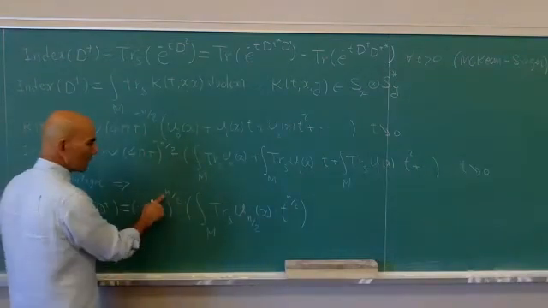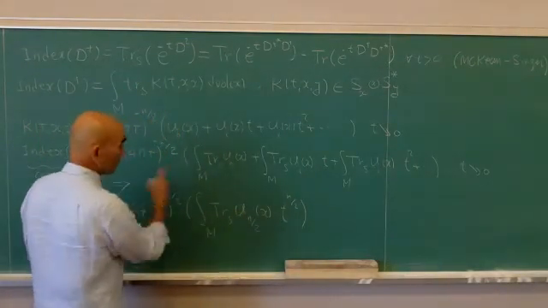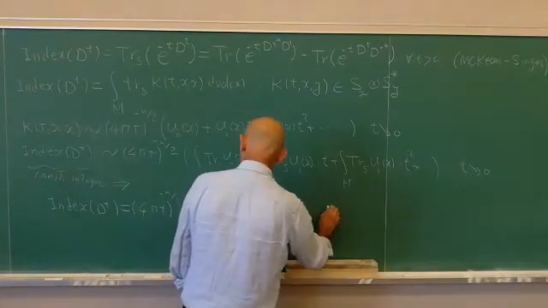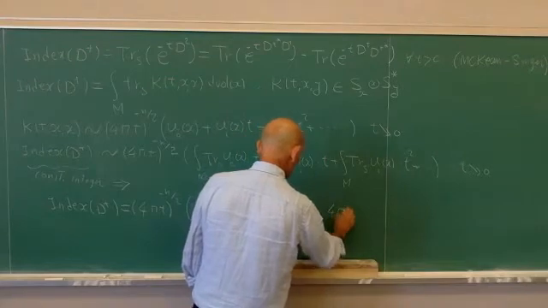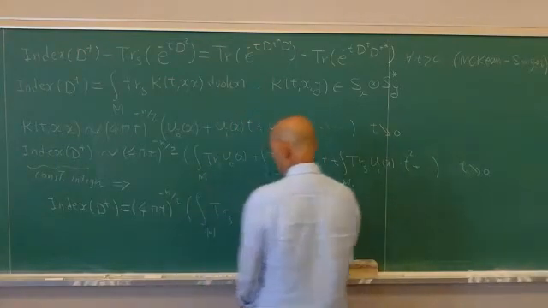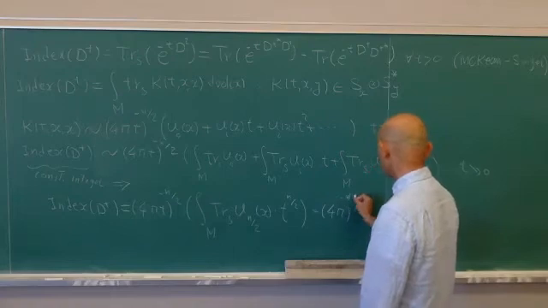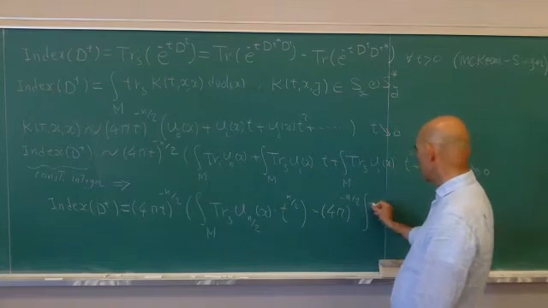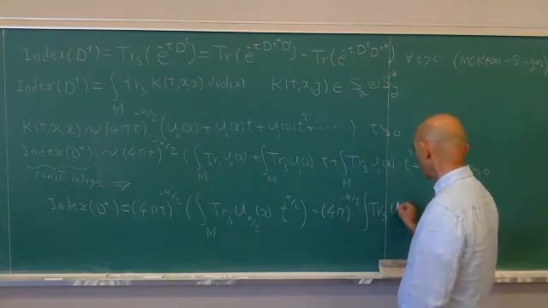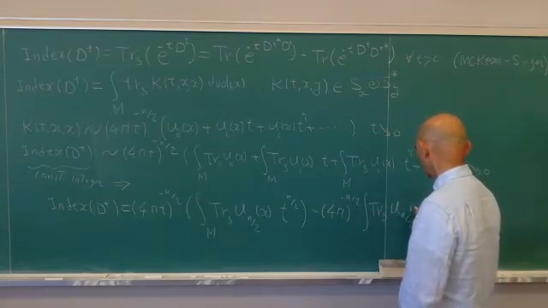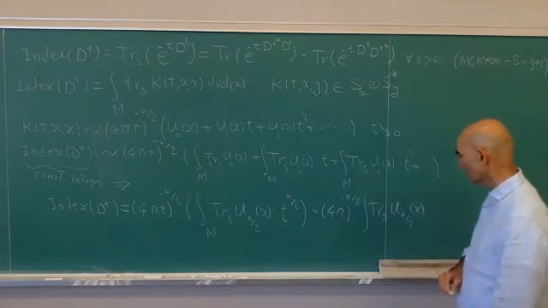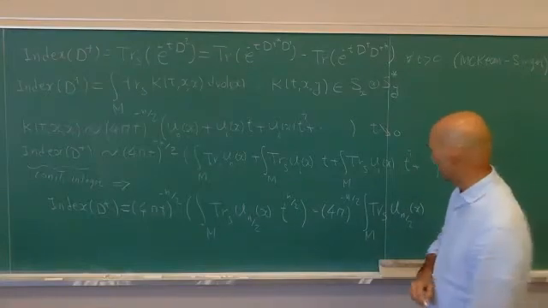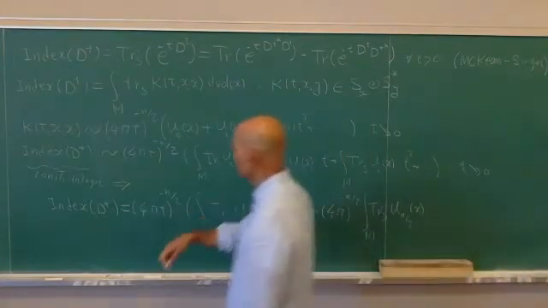Now t to the minus n over 2 and t to the n over 2 cancel each other. We just chose the power such that they cancel. So this is equal to (4 pi) to the minus n over 2 times the integral of supertrace of u_{n/2} of x over M. And all other terms vanish.